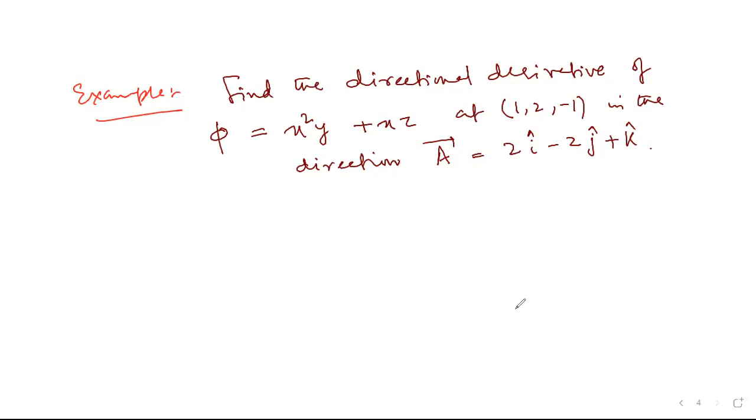Understand the question first. I am given this scalar field phi. I'm asked to find its directional derivative at a particular point, which is 1, 2, minus 1, in a particular direction, that is in the direction of vector A.